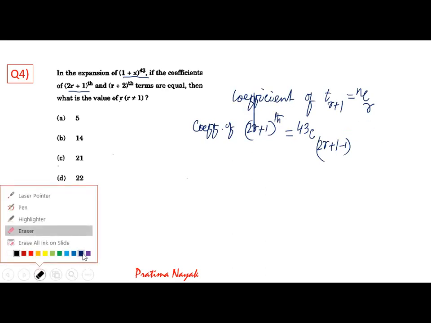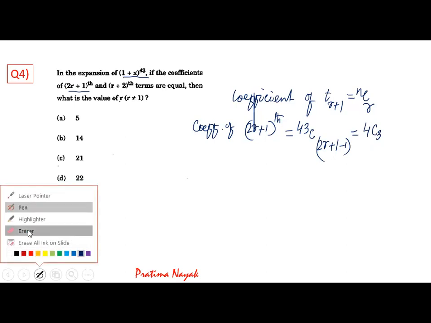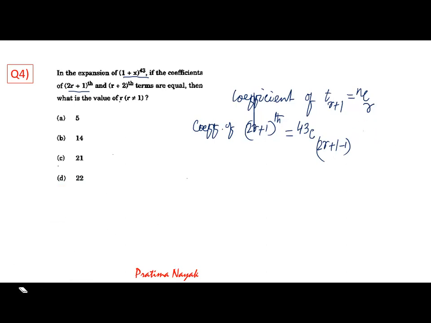One less, you can remember, one less should be there. So 43 combination 2r.